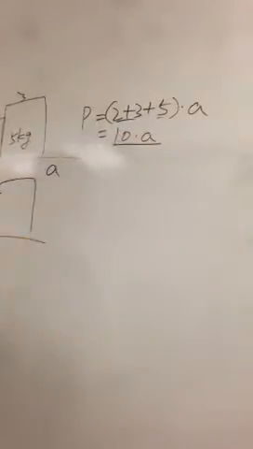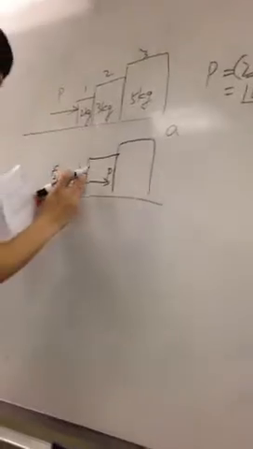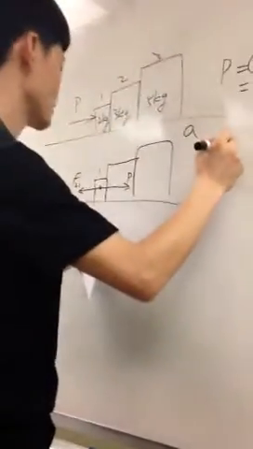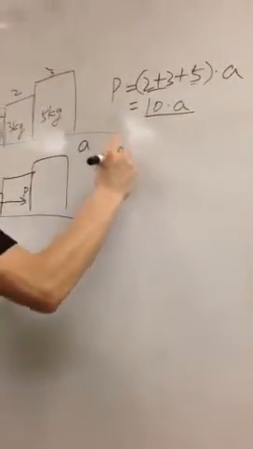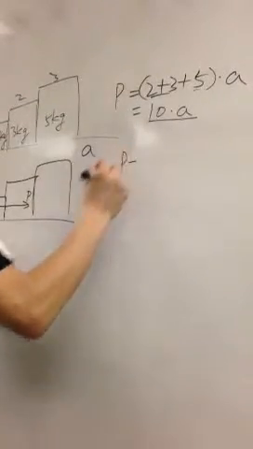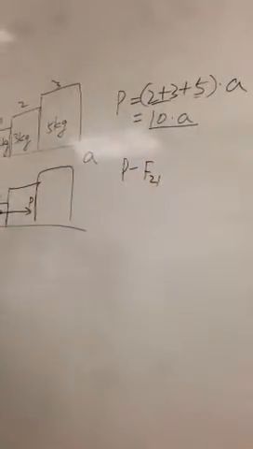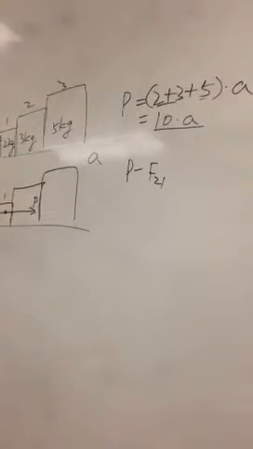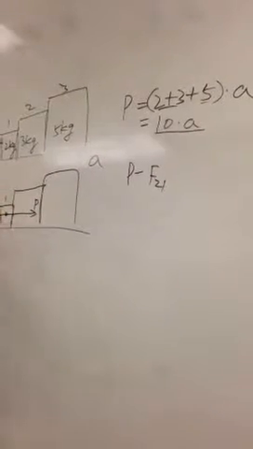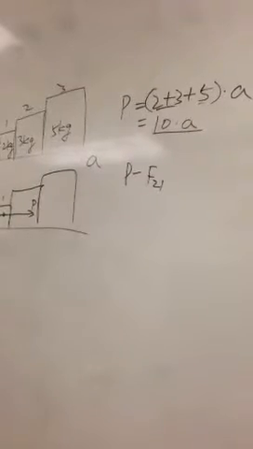And it's MA you got here, right? And right now we look at only block 1. When you look at only block 1, apparently there is P, but there is also F21 in the opposite direction from block 2 to block 1, right?